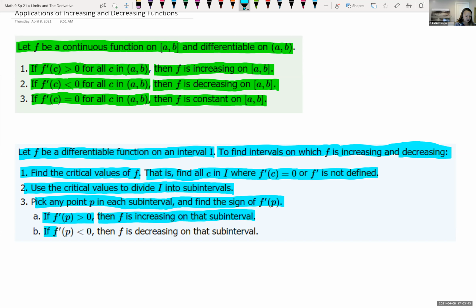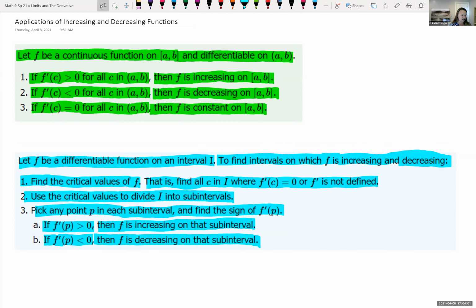And if the derivative at P was less than 0, then we knew that f was decreasing on that subinterval. That was a quick review of what we looked at last class period. We're going to look at a couple more problems with applications, and using these applications, we'll look again at how to do these. So first example.